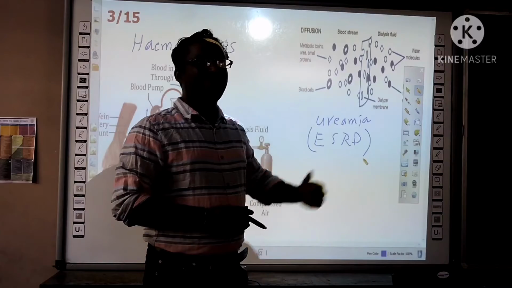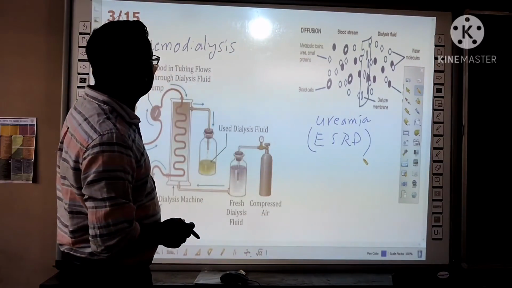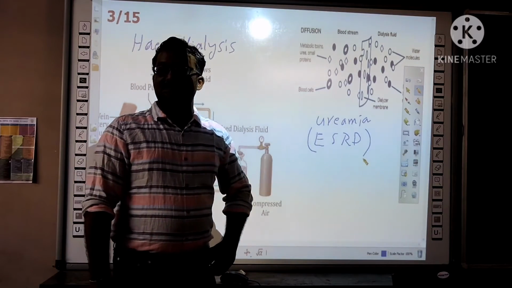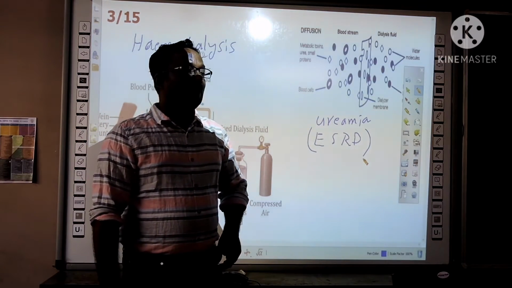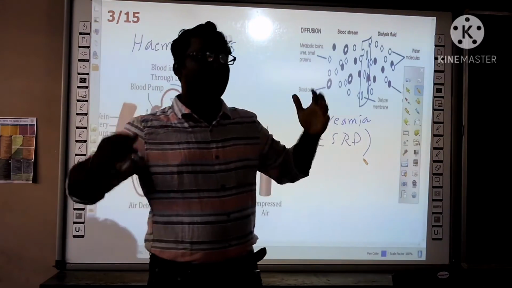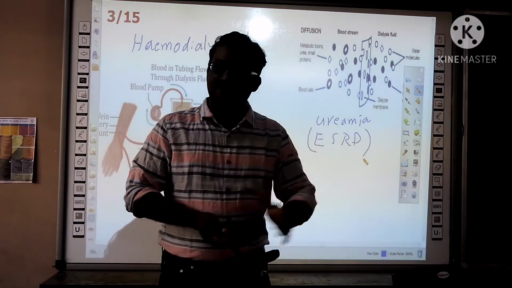So if kidney failure is in the beginning, you can go for the dialysis process. What is that? That means filtration of blood through an artificial kidney. Have you seen the dialysis machine in hospitals?